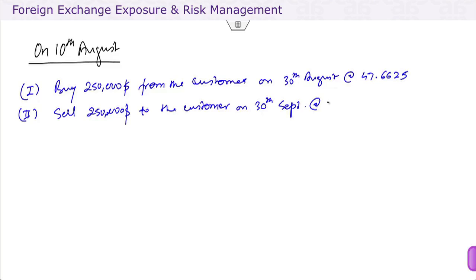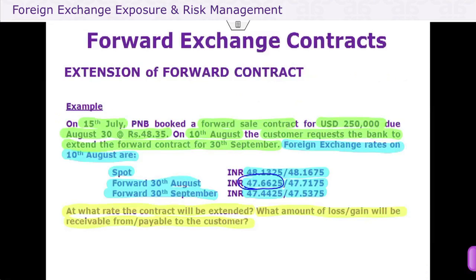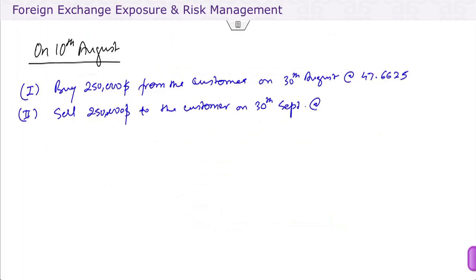So 30th of September sell rate at that time is 47.5375. Okay, so this rate is what they would enter into.